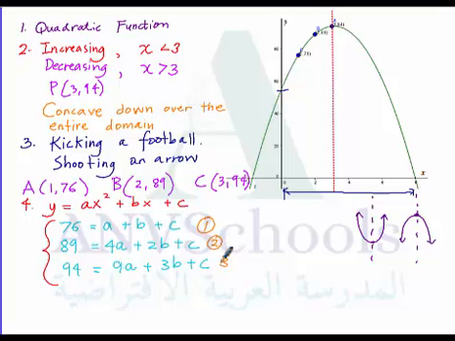But how do we solve this? There are two ways to solve equations with three unknowns. First is doing algebra, and secondly is by using matrices. Since your calculator has a function to solve matrices, we could use your calculator to solve for our three unknowns a, b, and c.